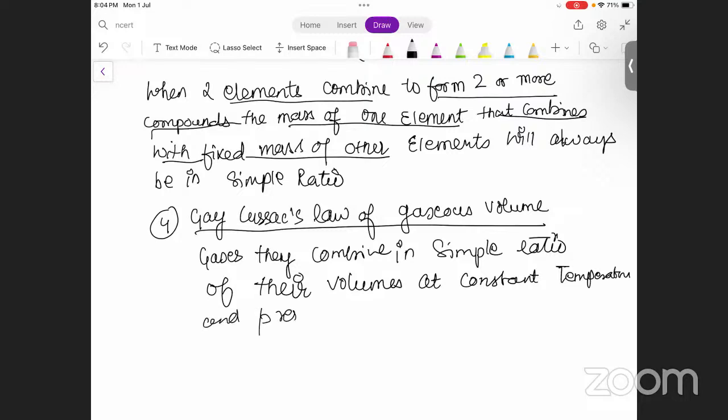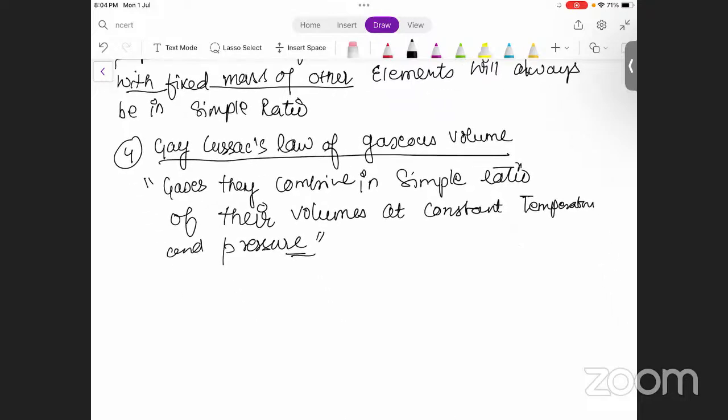This is the statement, we can say, not definition. So this is the statement for Gay-Lussac's law of gaseous volumes. What it says is that gases combine in simple ratio of their volumes at constant temperature and pressure.